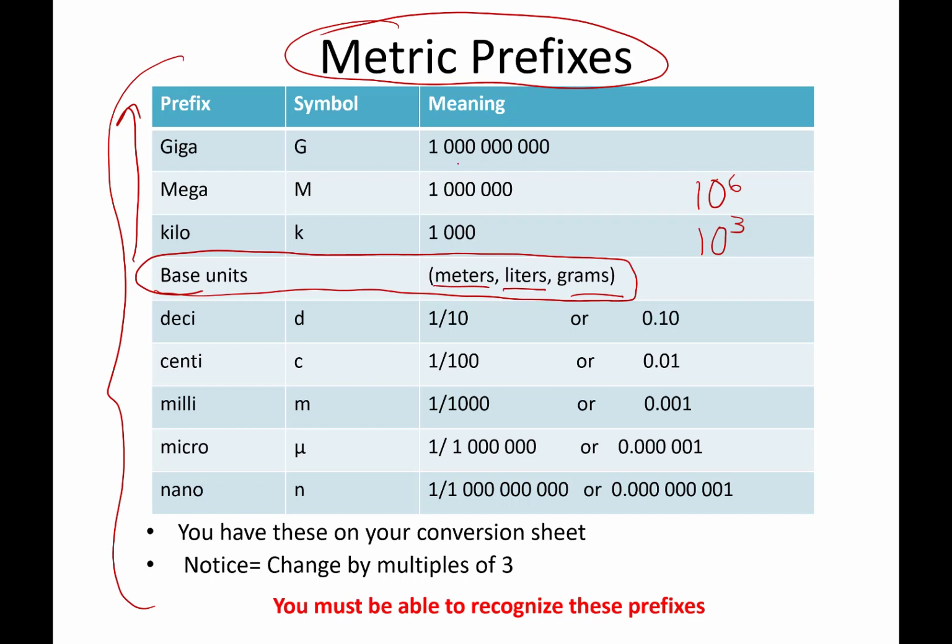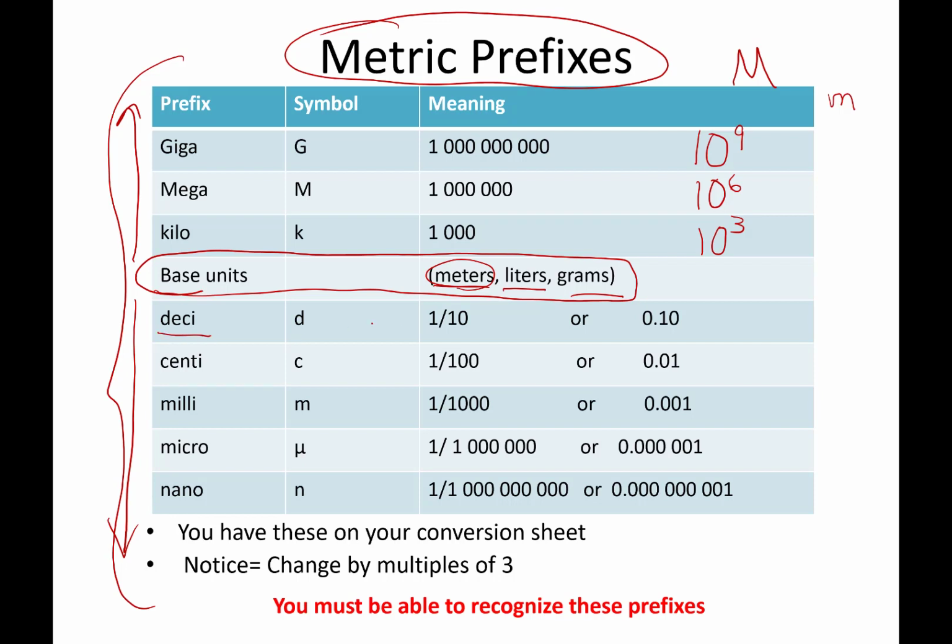Giga, lowercase g, means a billion or 10 to the ninth. Now, please be careful with uppercase and lowercase. If you have an uppercase M, it's mega. If you have a lowercase m, it is meters. Uppercase and lowercase matters tremendously in these metric prefixes, so you have to be very clear and crisp in how you write them.